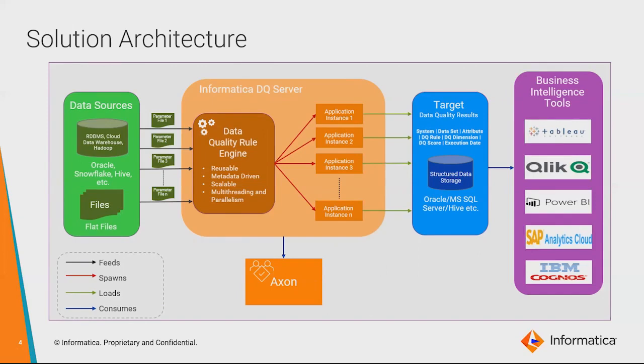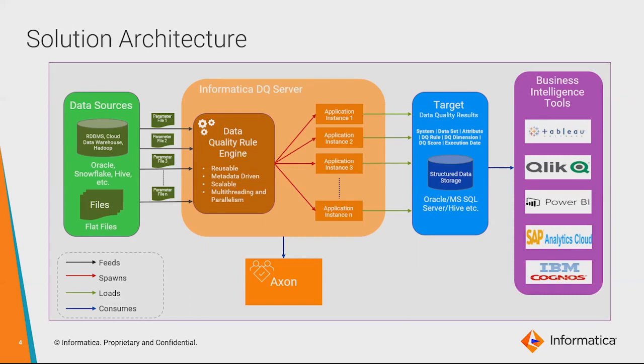The solution is parameterized and metadata driven, so you can use it against different data sources. The data quality results which will be generated will get stored in a structured format, which could be a relational database like Oracle or SQL Server. This data quality result can then be exposed to any enterprise-level business utilization tool like Tableau, Qlik, or Power BI.